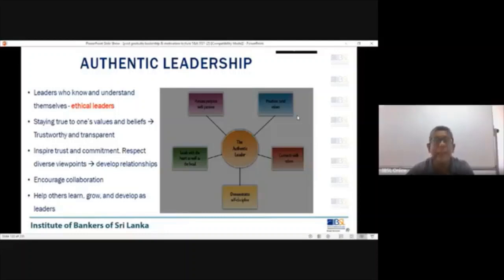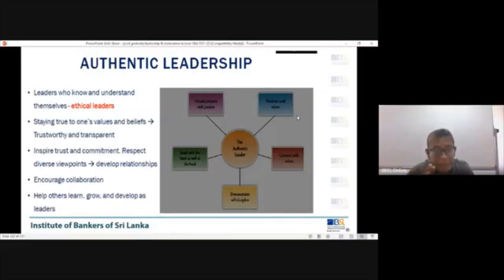So who gives those directions to the management? That's the board of directors. Therefore, the board of directors must give a sort of leadership to their senior management. Now, how can you do that? Through creating trust and transparency. So why trustworthy? Because the banks depend on people's money. So the banking business is purely based on the trust and confidence of the customer, right? So that is the authentic leadership side.